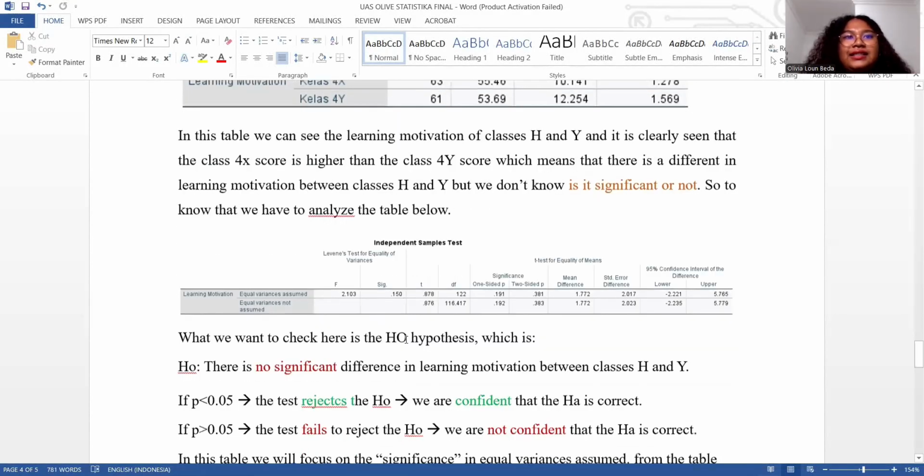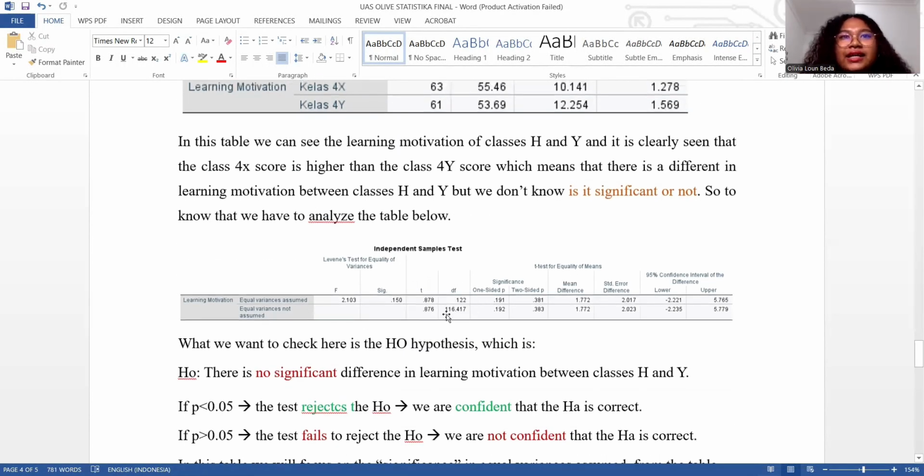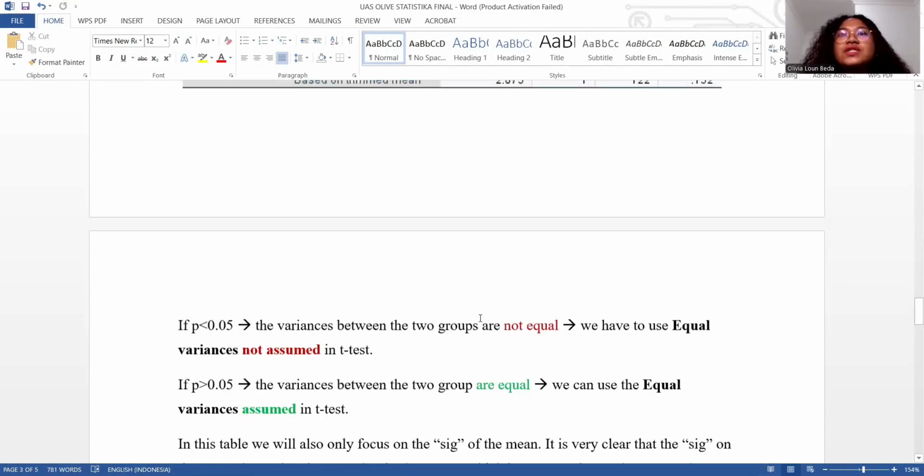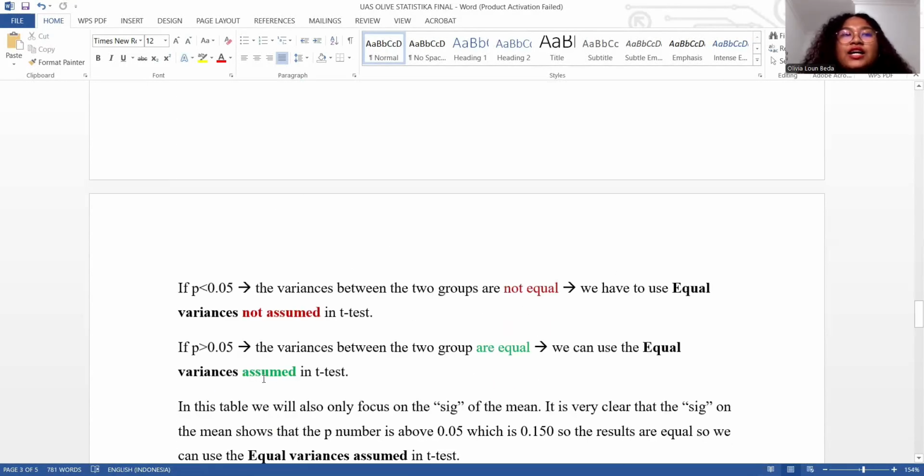Here you can see the independent samples test table. Because our test of homogeneity is equal, we can use the equal variance assumed in the t-test.